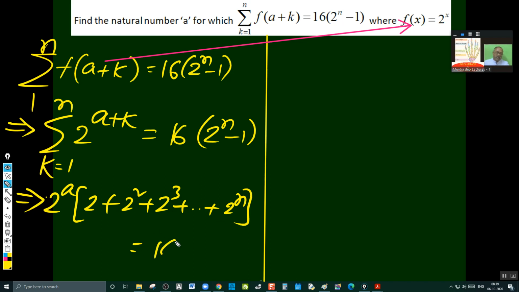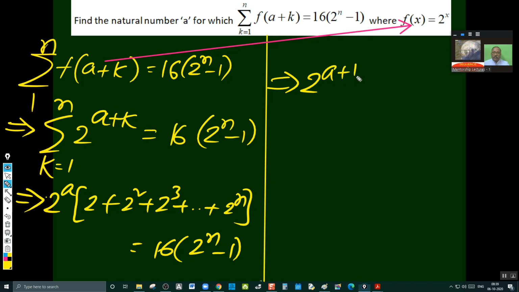is equal to 16 into 2 power n minus 1, which implies 2 power a. I'm taking 2 common, writing it as 2 power a plus 1, and you will have the sum to n terms of GP. You'll get 2 power n minus 1 here, by taking 2 common, and a into a is 1 only after taking 2 common.